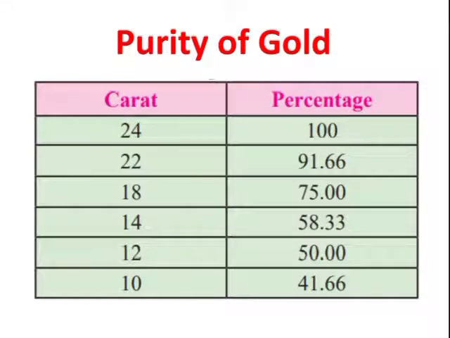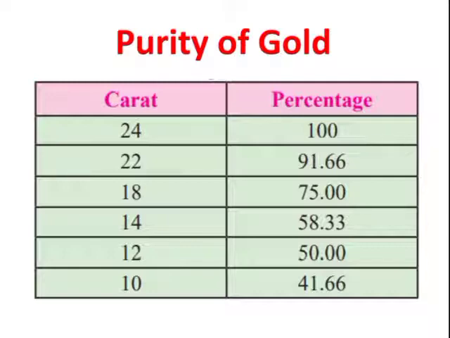Now, purity of gold. When we ask the rate of gold in a gold shop, it always differs. Why does it differ? Because the cost or the rate of gold always depends upon the purity of gold. Gold is a noble metal.